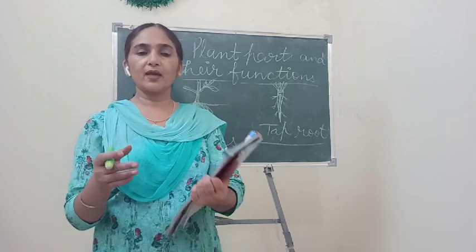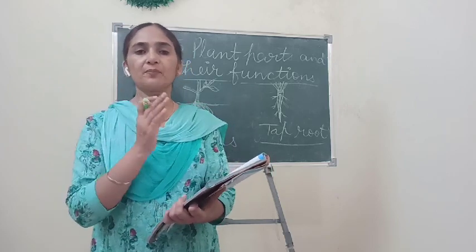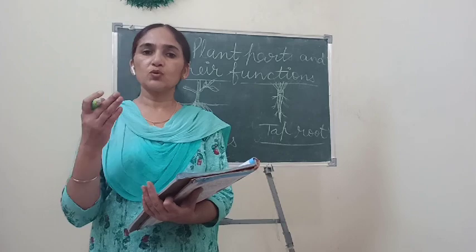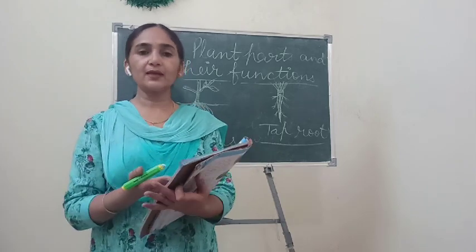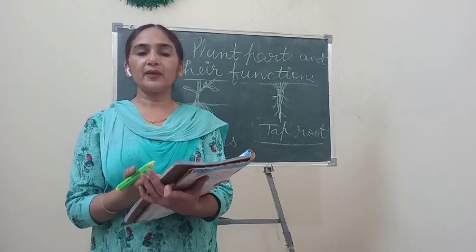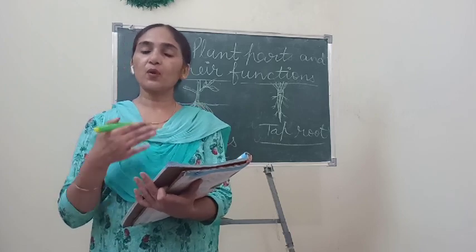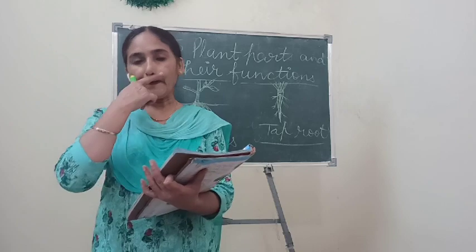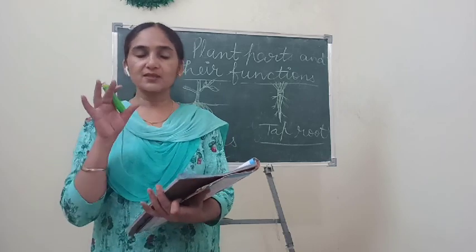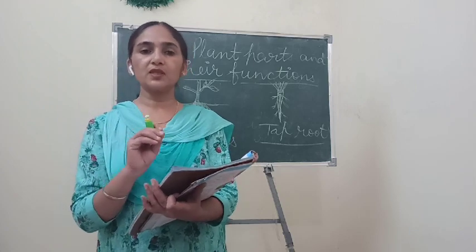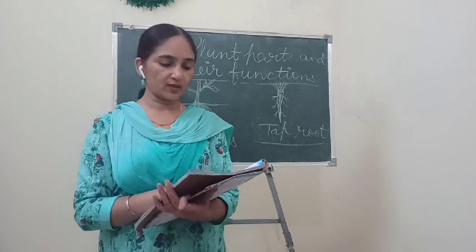In the same way, different parts of the plant can be used to grow new plants. That's why we can say that the shoot system helps in the process of reproduction. Understand? Means we can create again, or plants naturally also perform this process of reproduction.